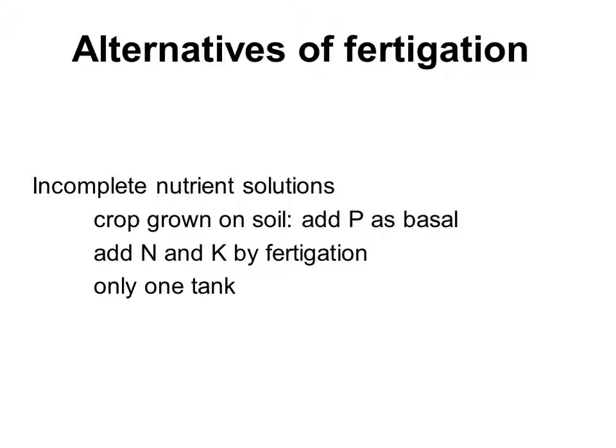And one simple alternative is putting phosphorus, because phosphorus is the most complex of all in terms of insoluble compounds associated to phosphorus. So we put phosphorus as basal fertilizer, we add it to the soil before the crop, and then we will be adding nitrogen and potassium by fertigation. And in this case, we only need one tank to do fertigation.